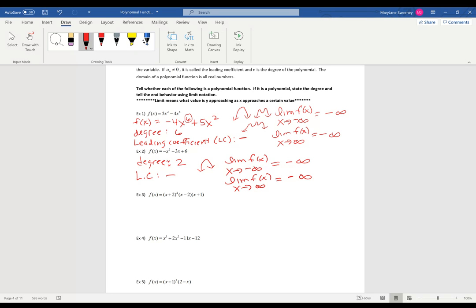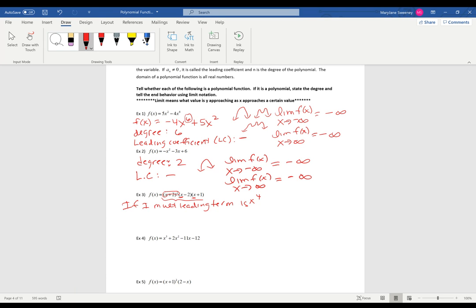So what I want to think is if I multiplied this, the leading term is x to the 4th. Right, this squared would be an x squared times another x times another x.